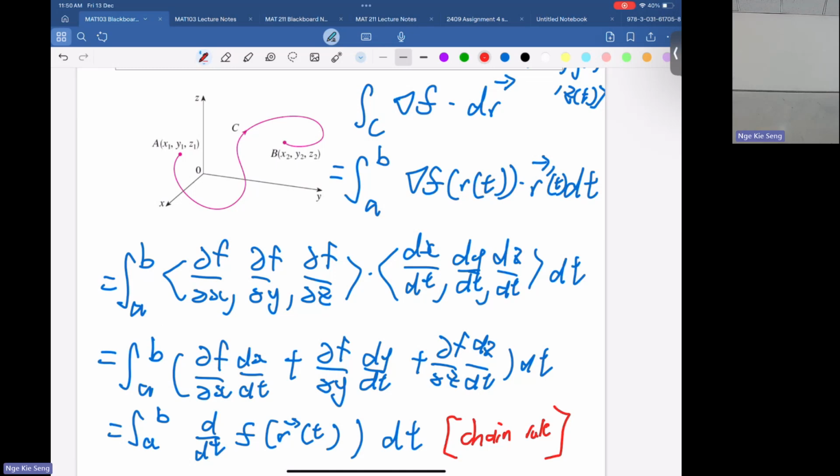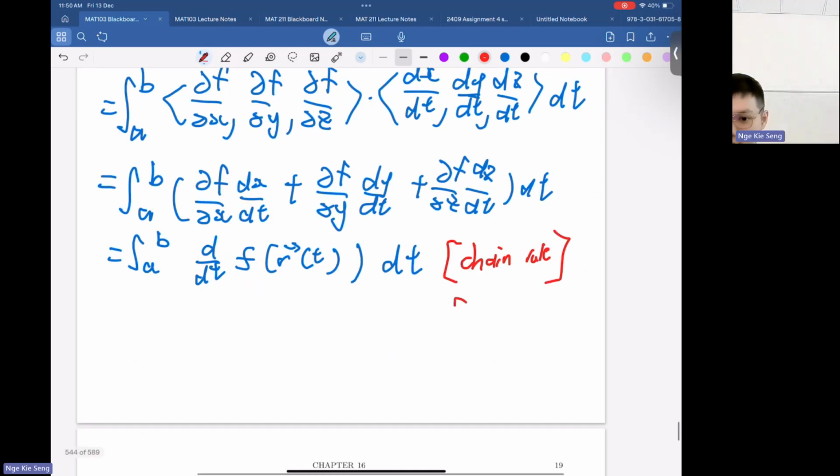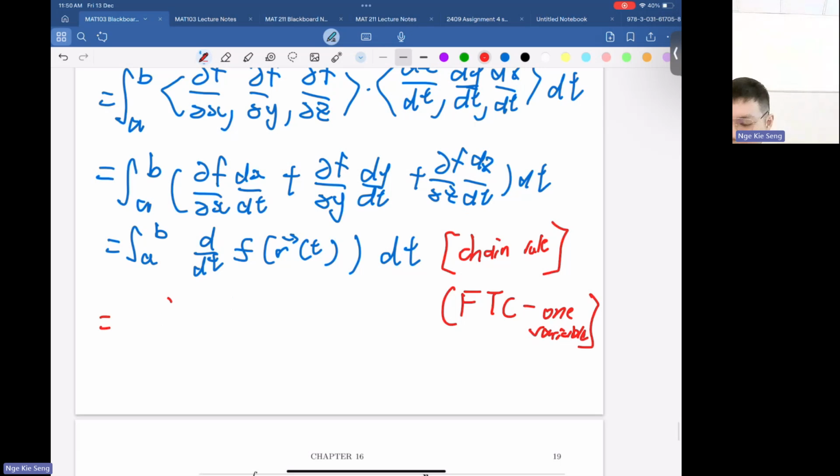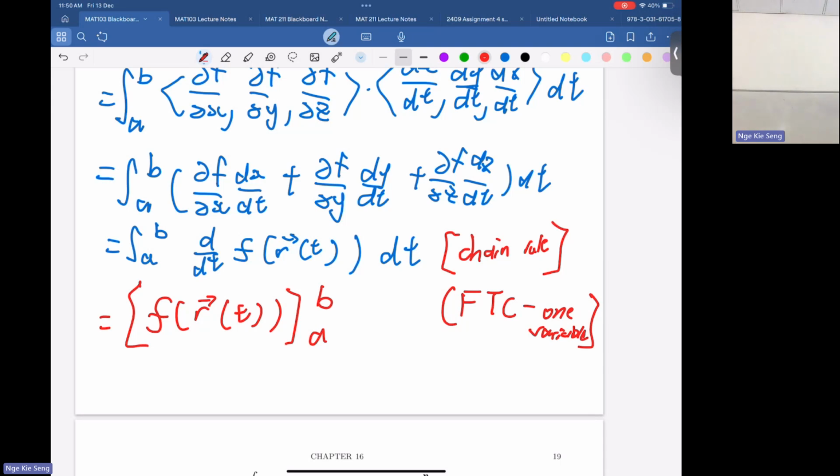This is one variable already, so you can use FTC here. This is the one-variable FTC, from Calculus 1. So what do we get here? We just take the difference at the endpoints.